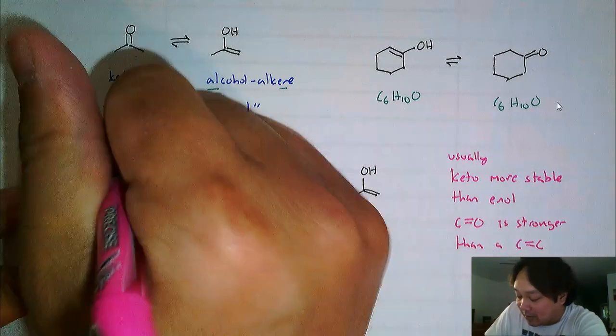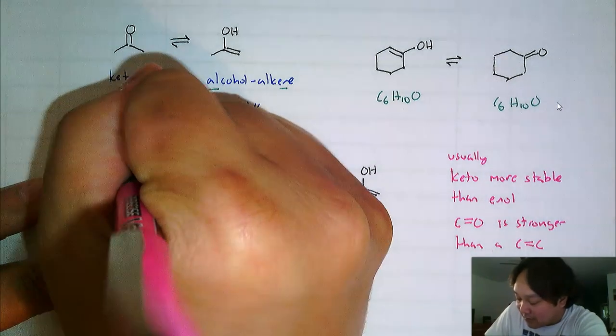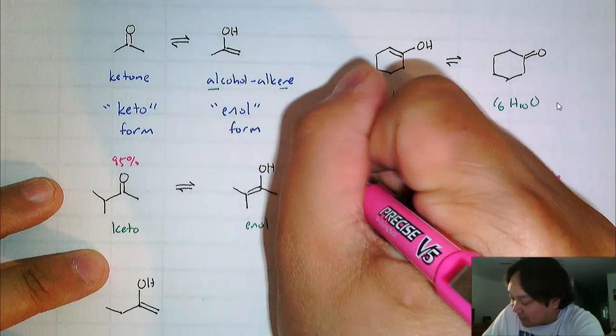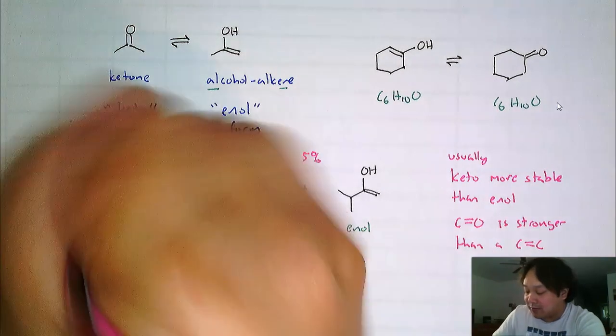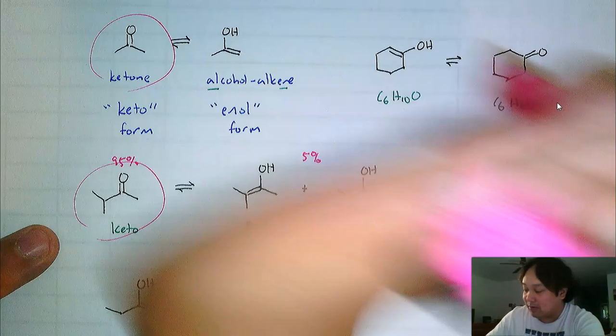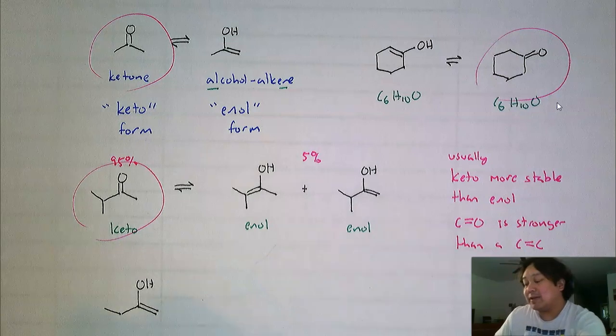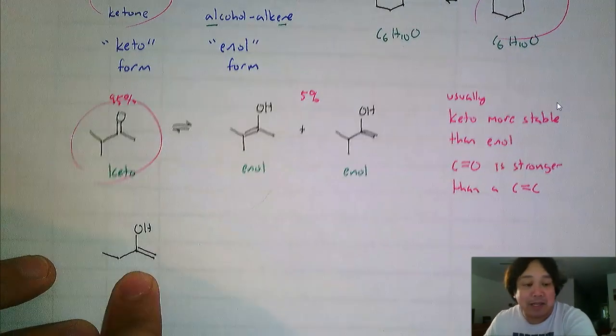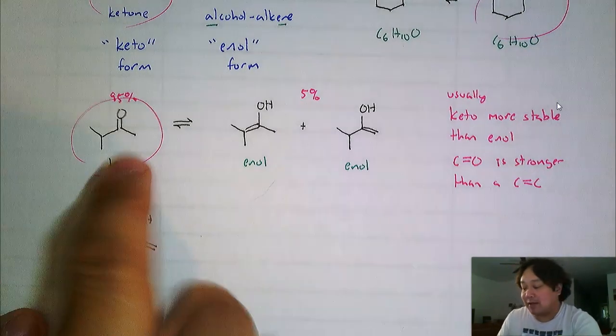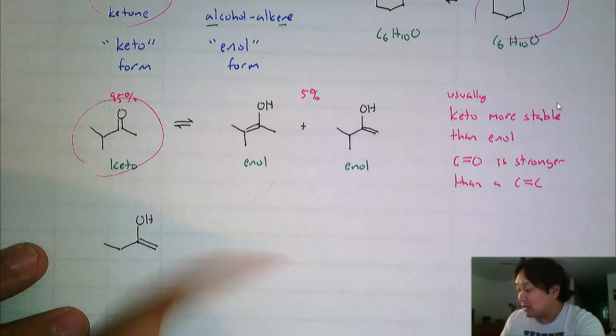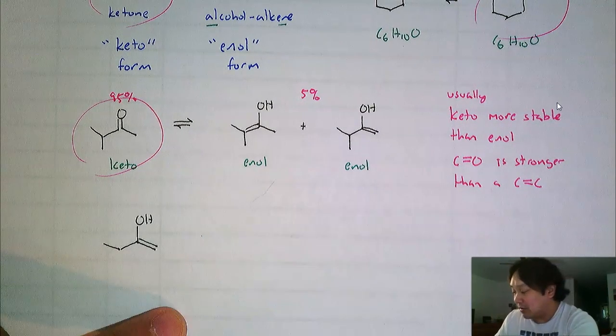It could be 95% to 5%, something like that. But again, keto is the more stable. Okay? Because in our reactions, we're going to initially make an enol, and due to the stability of the keto form, you're going to change it into the keto group, or the keto form.